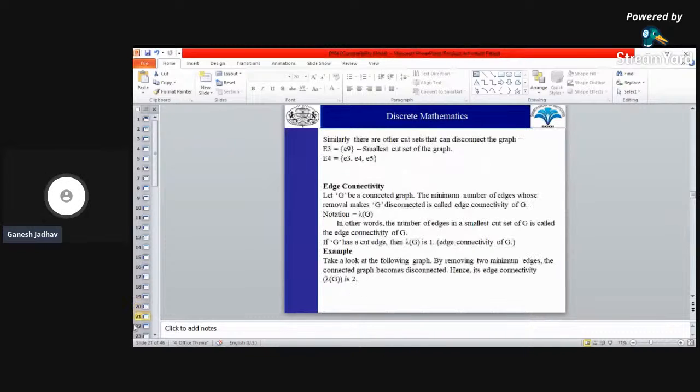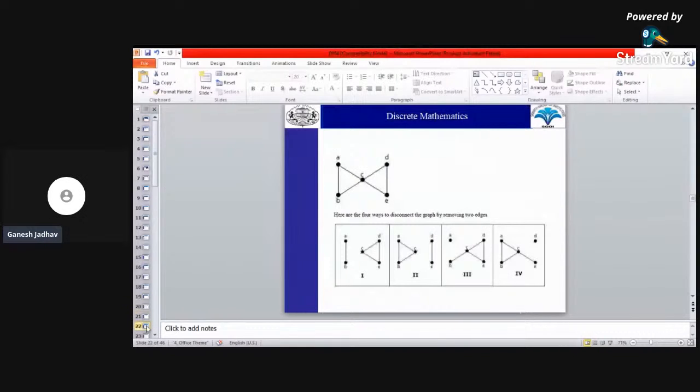So they give you an example here. Here there are four ways to disconnect the graph by removing two edges. So here they can say the edge connectivity. You can remove this one, or you can remove this one, you can remove this one also.